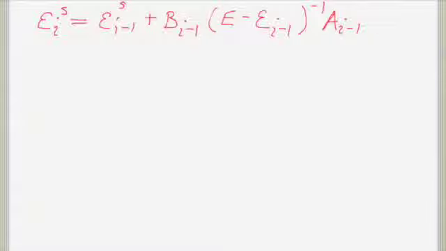So I've just switched the role of A and B when I calculate the site energy for the surface site, and that's the only difference. The other expressions are the same.